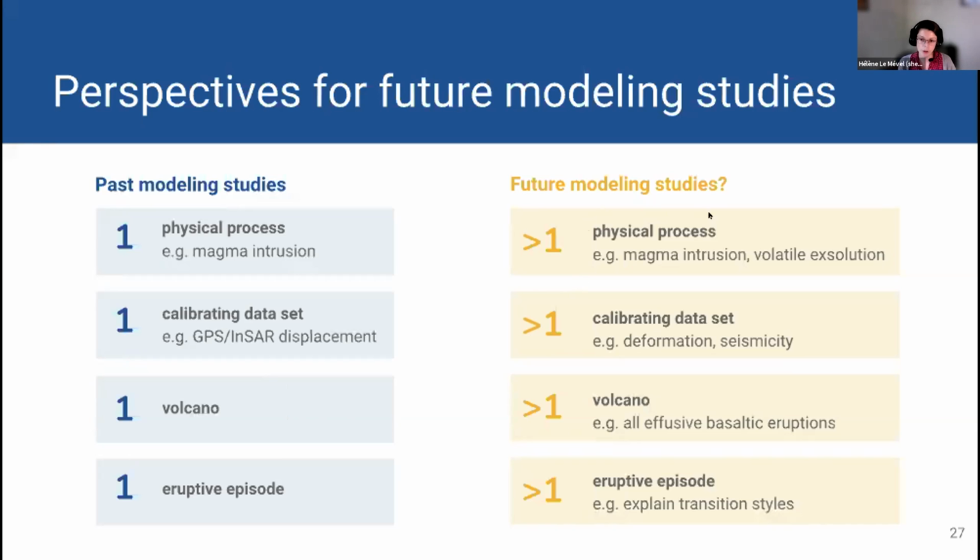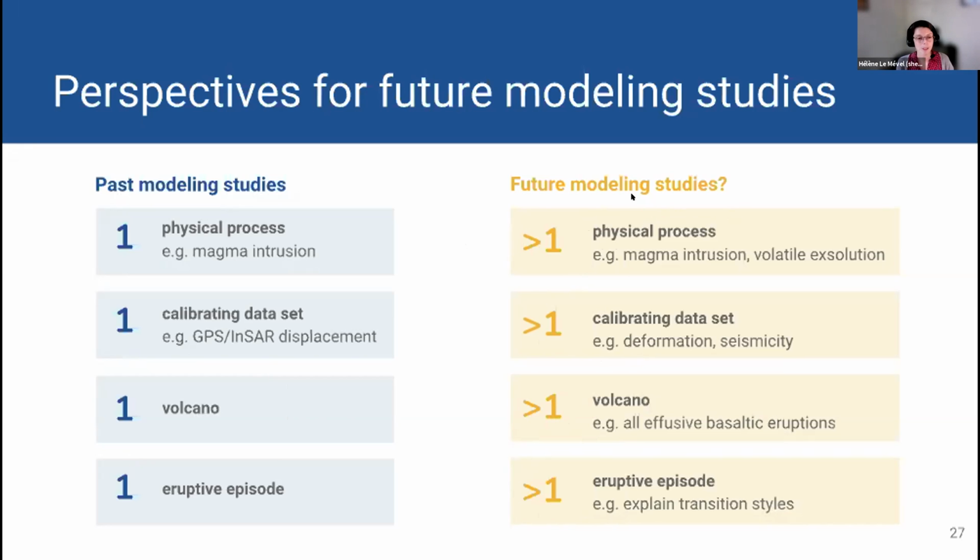The goal for the future might be to move towards more modeling studies that consider either several physical processes or using several calibration data sets, maybe explaining the behavior of several volcanoes or considering several eruptive episodes from the same volcano.